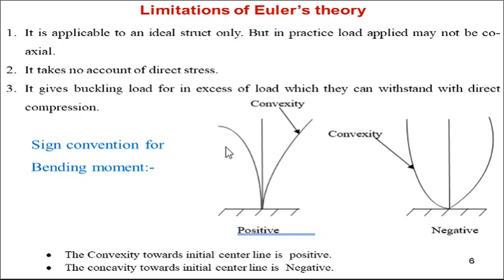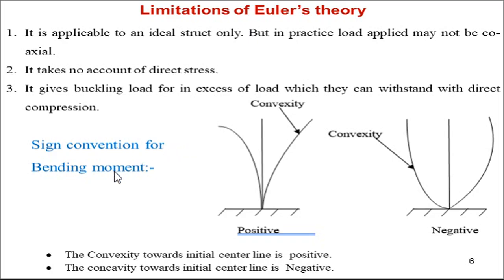And also there are some sign conventions for bending. Whenever loads are acting, the column is subjected to bending or buckling along its length. So depending upon that buckling shape, the sign conventions are used.